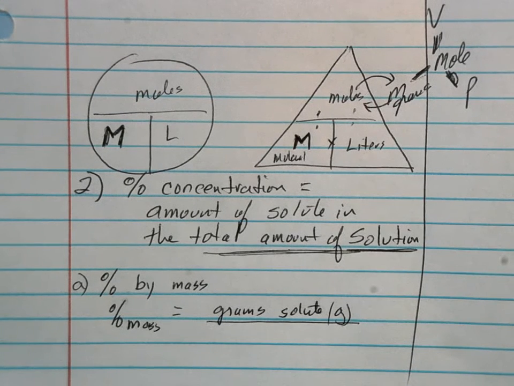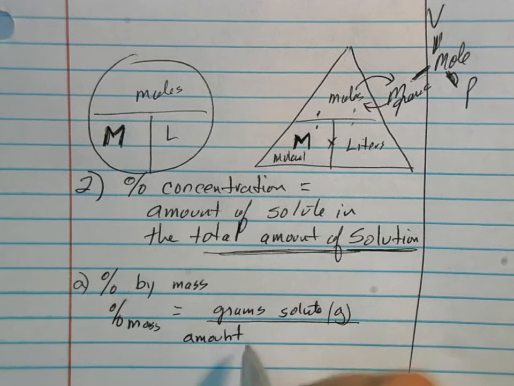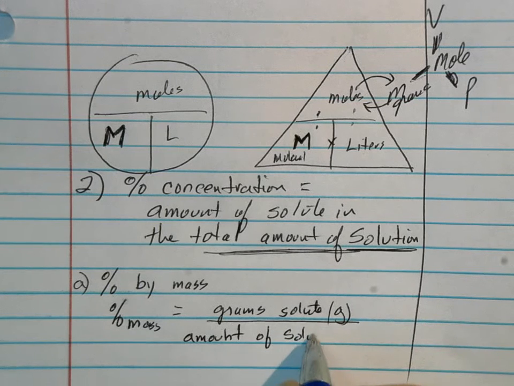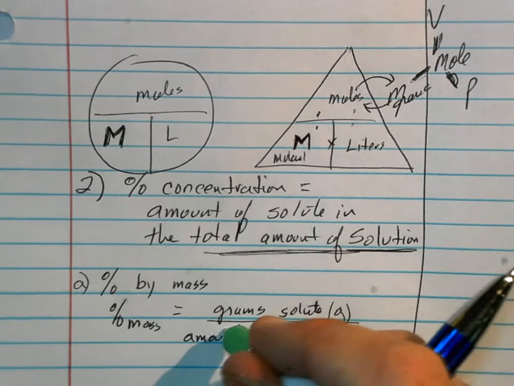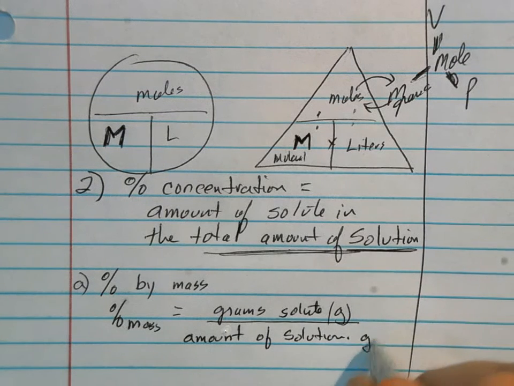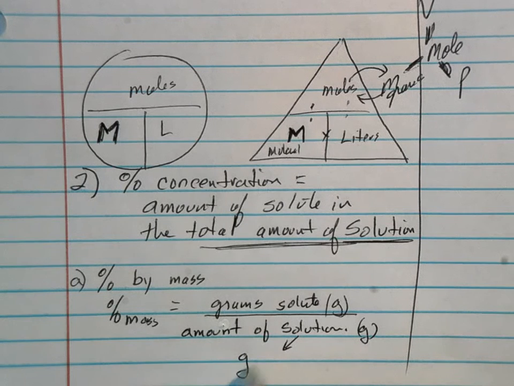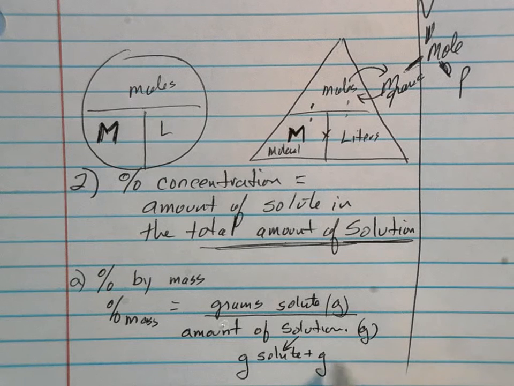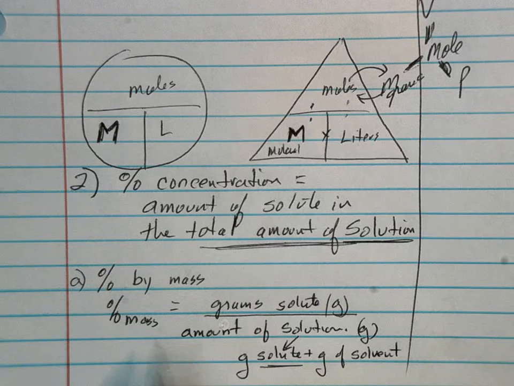And we've got to divide that by the amount of solution in grams. Now, the amount of solution is going to be the grams of solute plus grams of solvent. So you've got to measure how many grams of the solid stuff and how many grams of water.